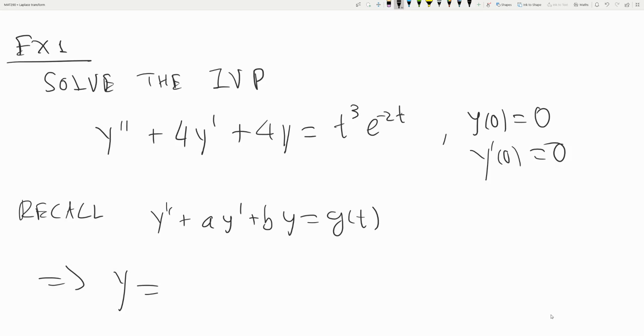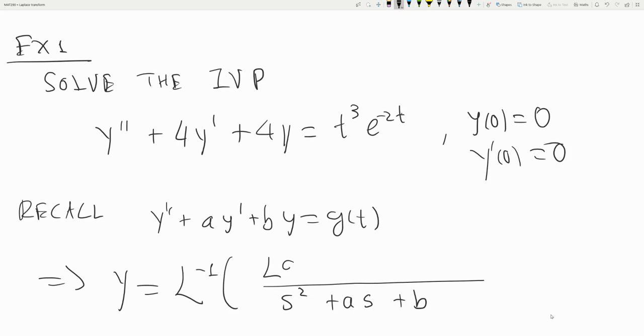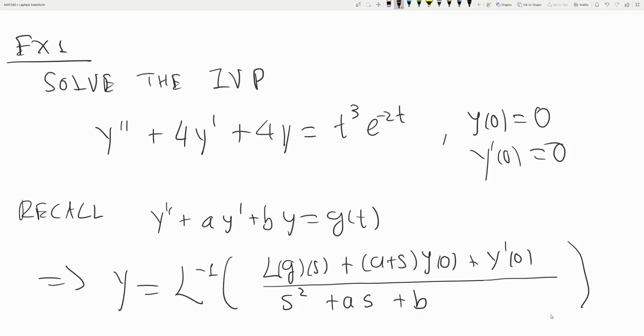Y is equal to the Laplace inverse of 1 over s squared plus as plus b, times the Laplace transform of g plus a plus s times the initial data, y at 0 and y prime at 0.